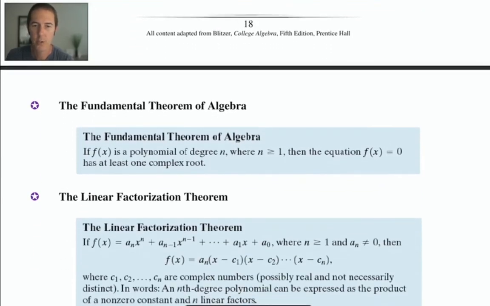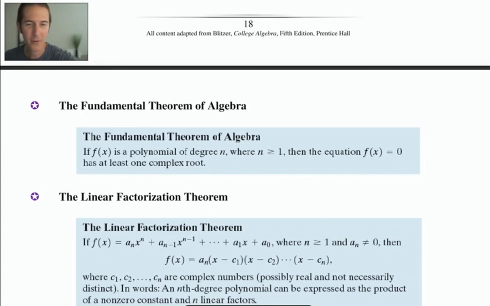The fundamental theorem of algebra tells us that if we have a polynomial of degree n, where n is greater than 1, then the equation where you take f of x and set it equal to 0 will have at least one complex root. That's interesting to me.